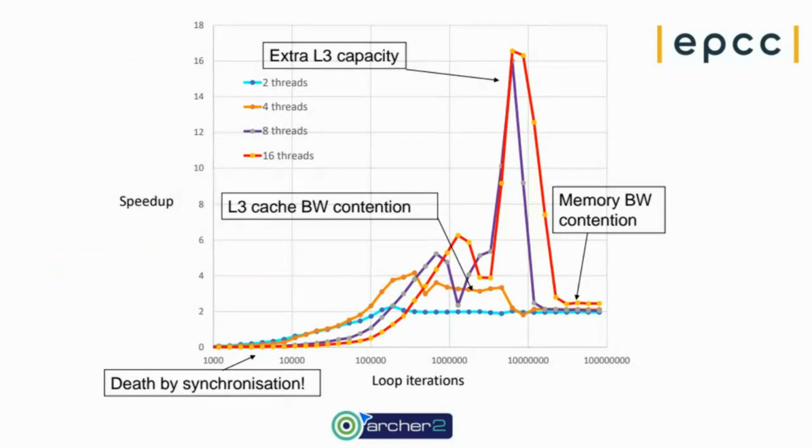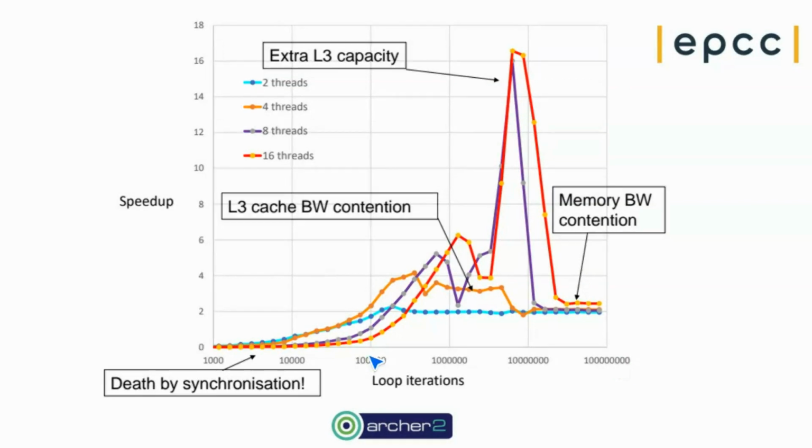Okay, this is a little bit of a busy graph, so let me explain what's going on. What I'm plotting here is the obtained speedup for that loop against the value of n, the number of loop iterations, and that also determines the amount of data being accessed.